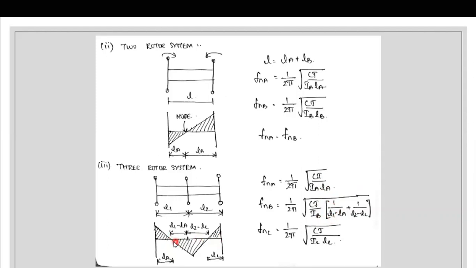This is the length of B. So L1 minus LA plus L2 minus LC is equal to the length of B, LB. Since it's in the denominator, to bring it into the numerator I write 1 divided by L1 minus LA plus 1 divided by L2 minus LC. I hope these formulas are very clear.